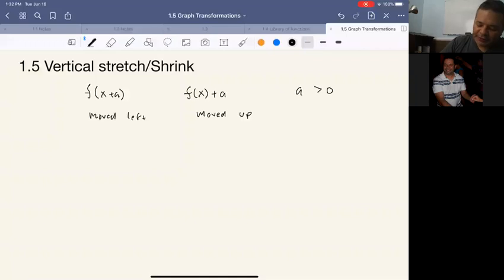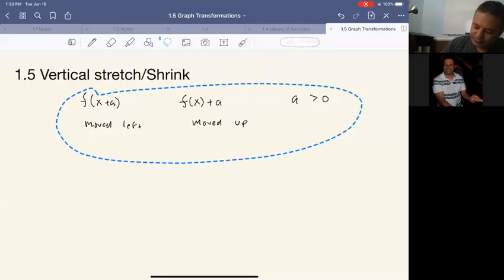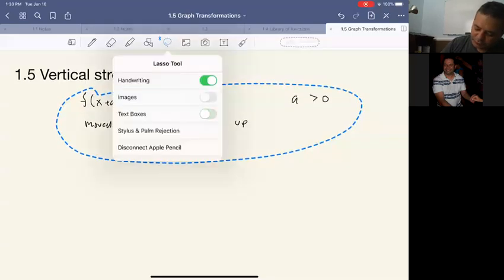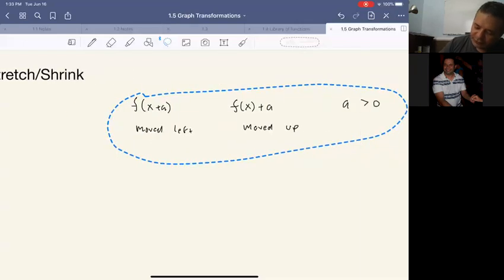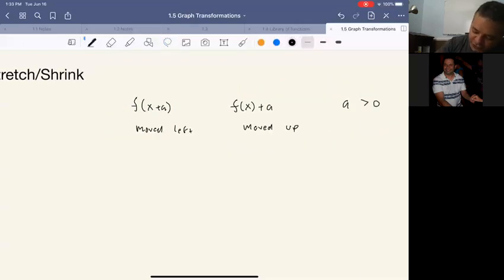This was the horizontal shifts. I sort of think this one may be a little counterintuitive.